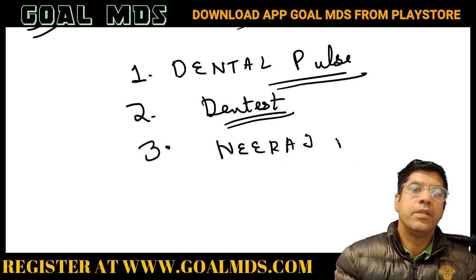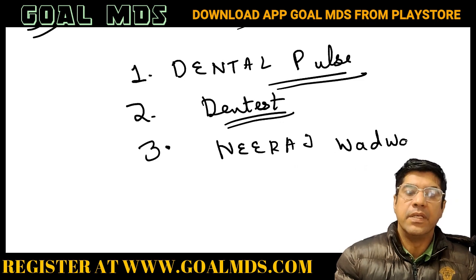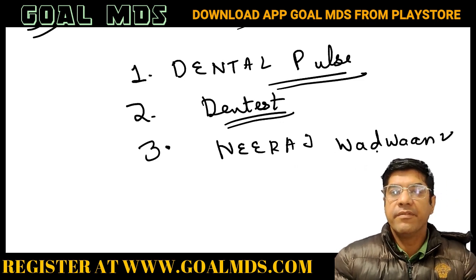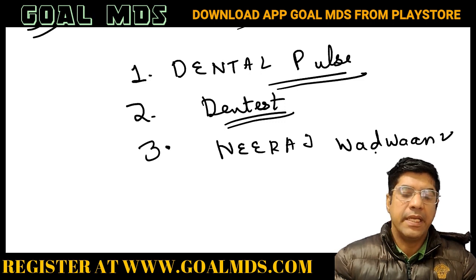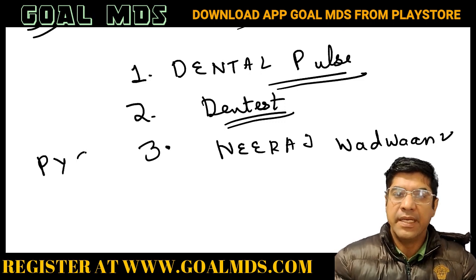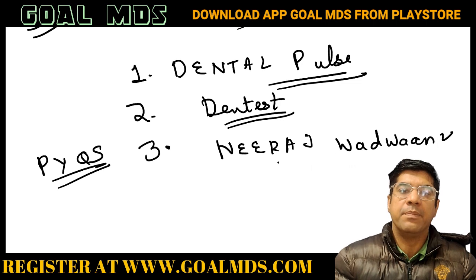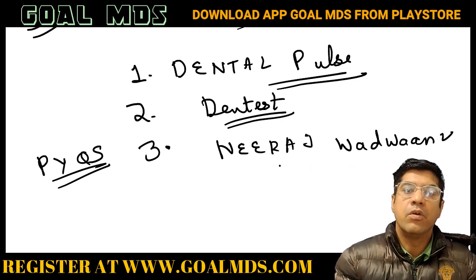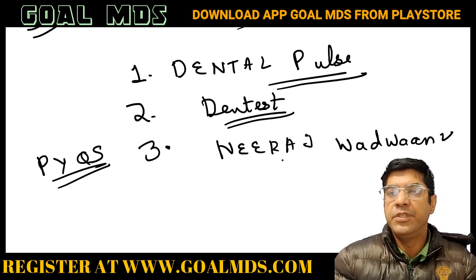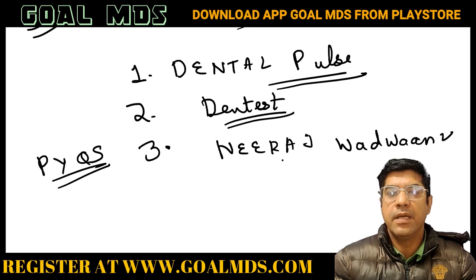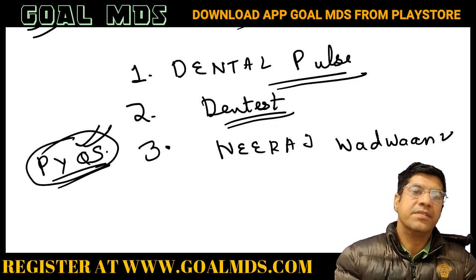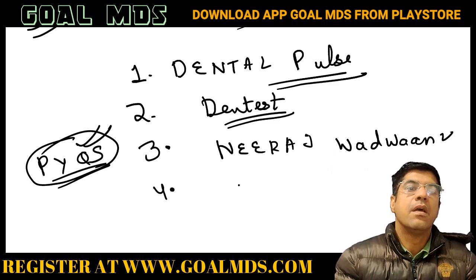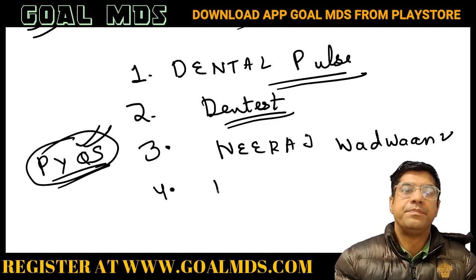The third book that you need is Neeraj Wadhwan's AIPG or NEET solved last 10 years' papers. It is a useful book for practicing previous year questions, and it helps you understand the exam pattern and familiarize yourself with the type of questions asked in the NEET exam.